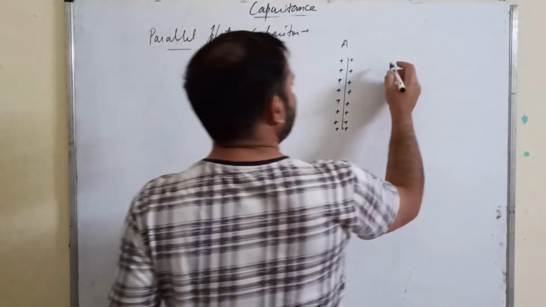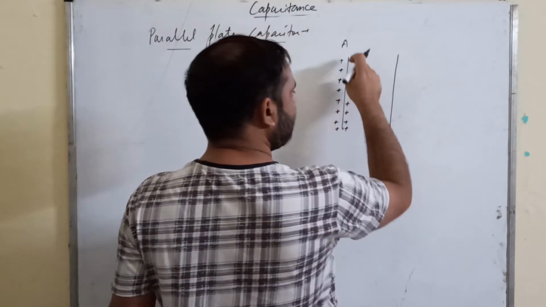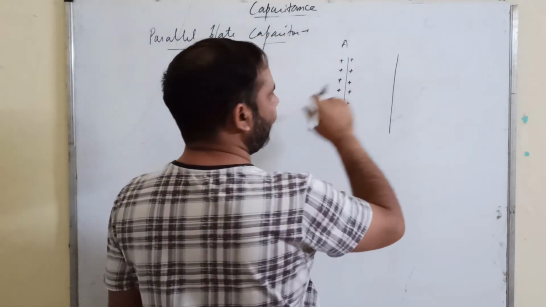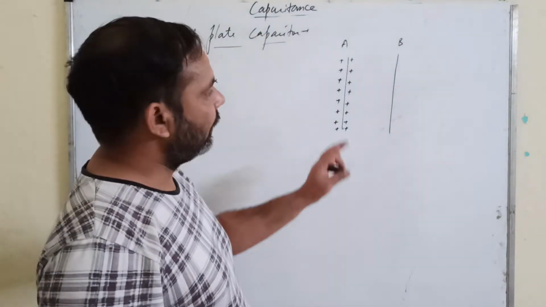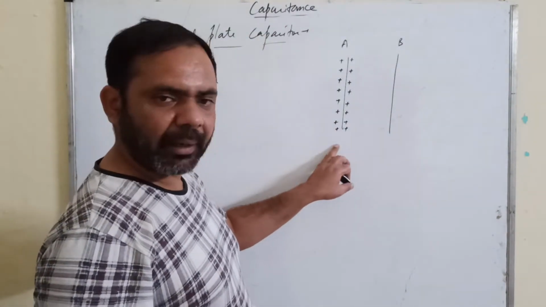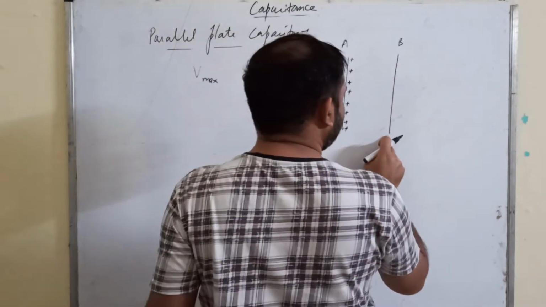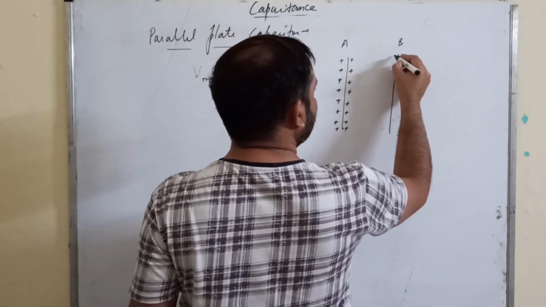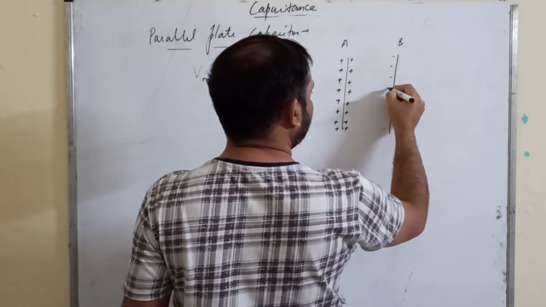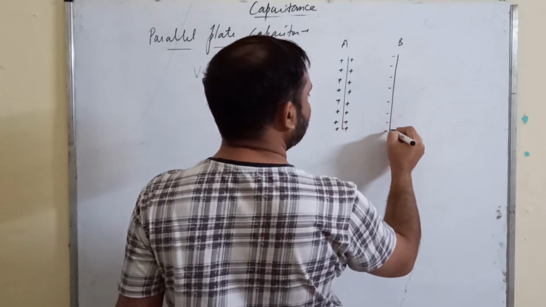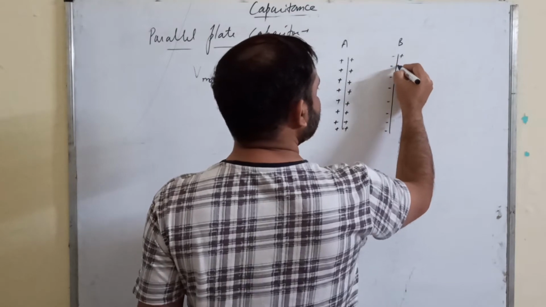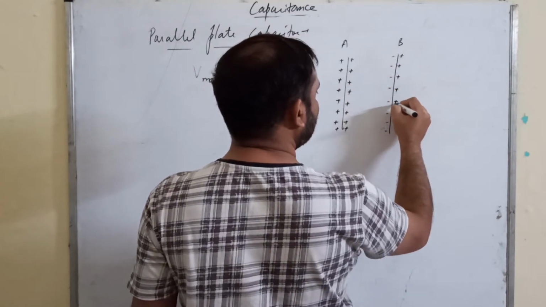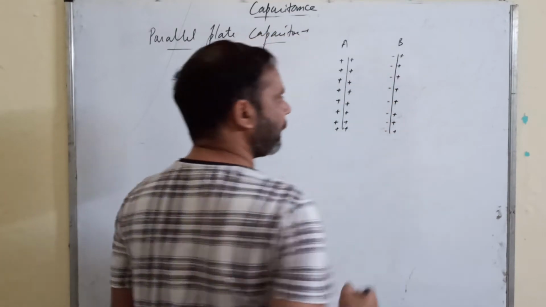This is the ordinary capacitance of plate A. Now we place another plate B at a small distance from A, and as a result negative charges get accumulated on this side of the plate due to the attraction of these positive charges, and the positive charges accumulate on the other side.